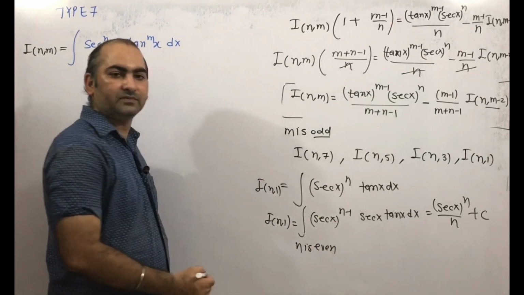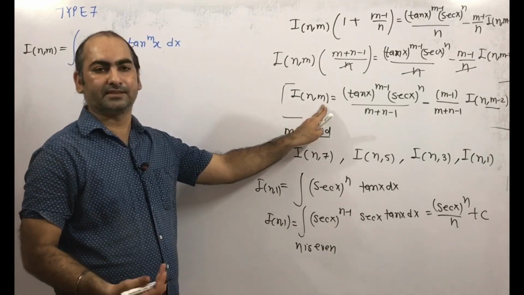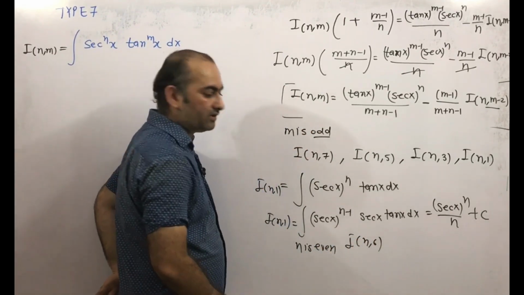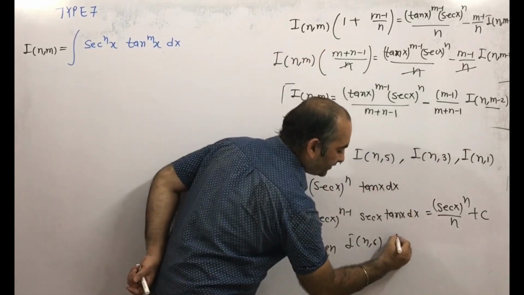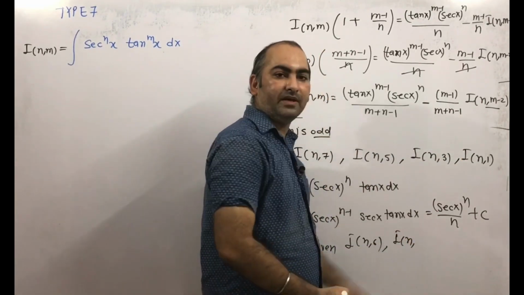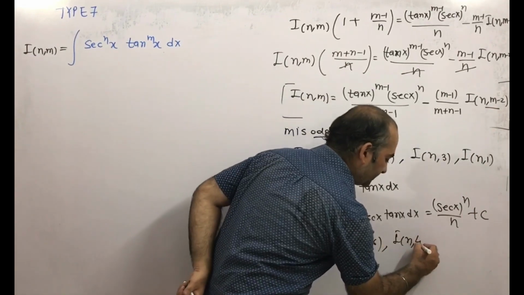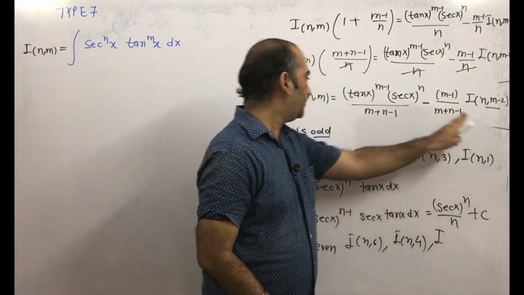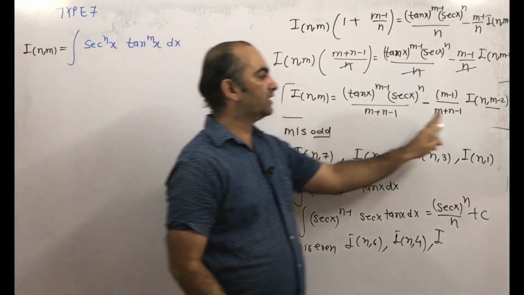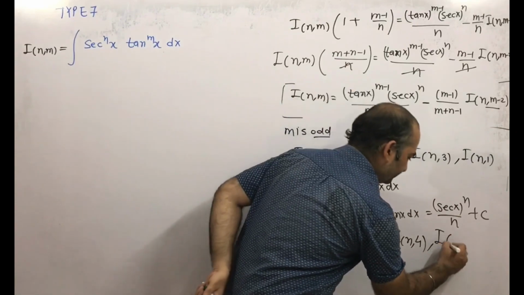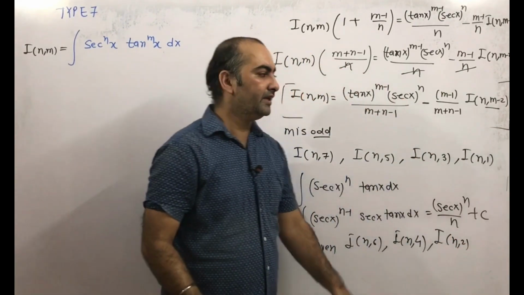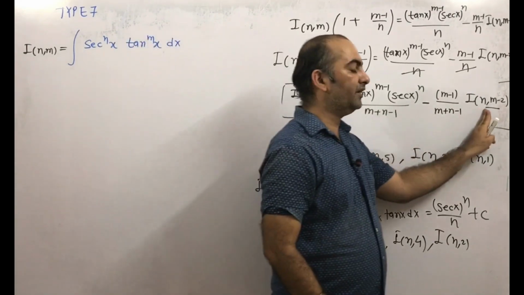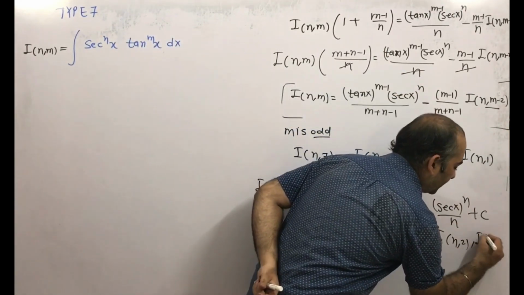But if m is even, let's take m as 6. Then I(n, 6) will convert to I(n, 4), then I(n, 4) will convert to I(n, 2), and I(n, 2) will convert to I(n, 0).